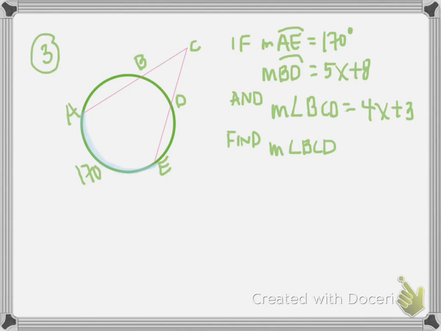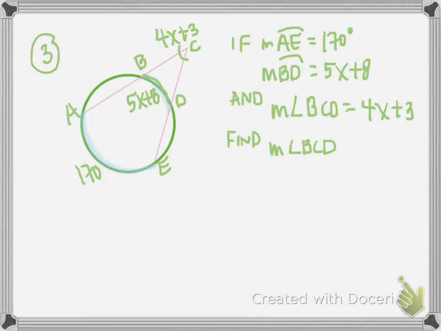The measure of the arc BD here is going to be equal to 5x plus 8. And the angle here is going to be equal to 4x plus 3. That angle is going to be equal to 1/2 the big arc minus that small one there.